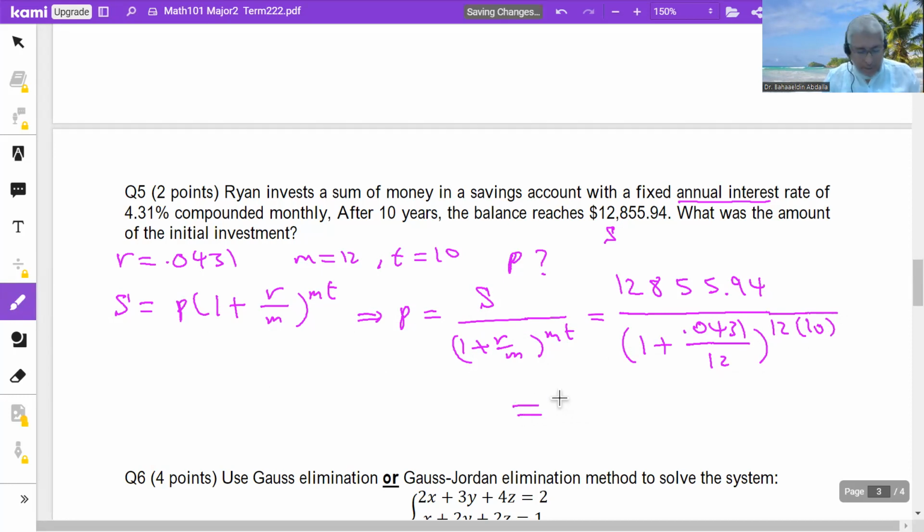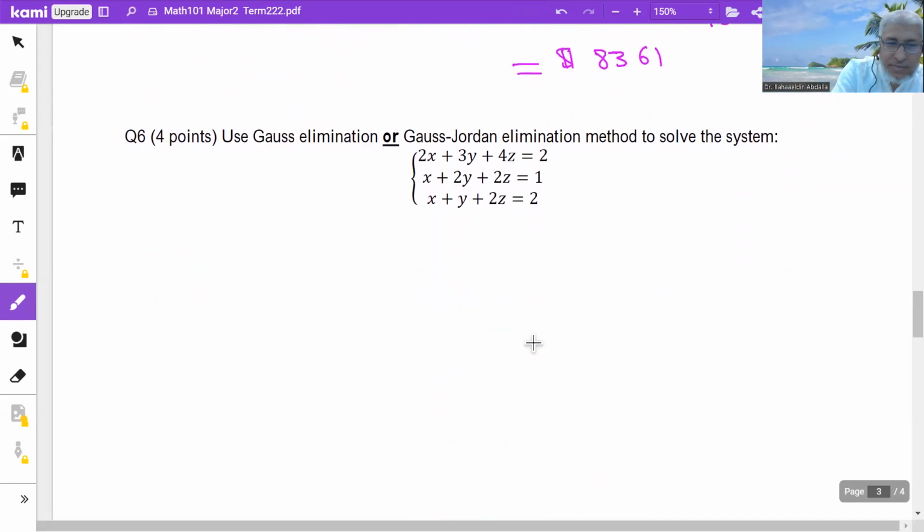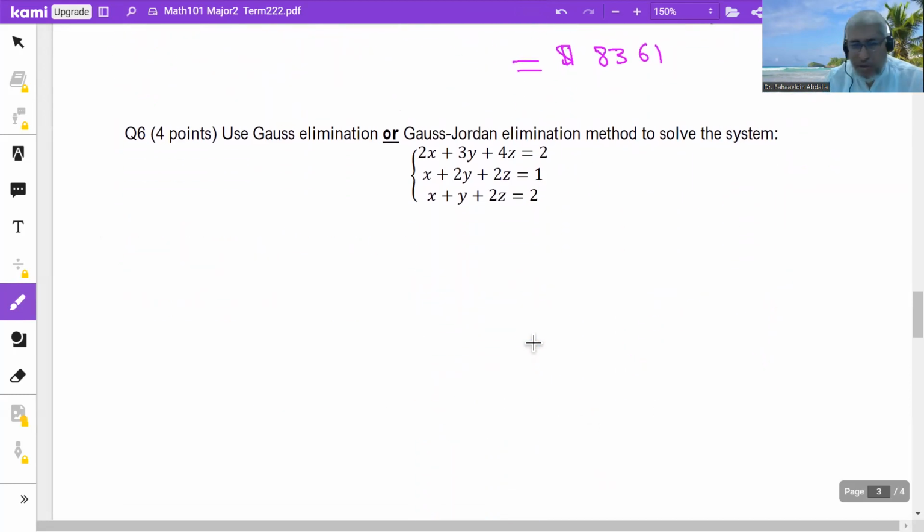And you will find that the answer is 8,361. So this is the initial amount, in which if you invest this amount for 10 years, compounded monthly, you will get after 10 years $12,855.